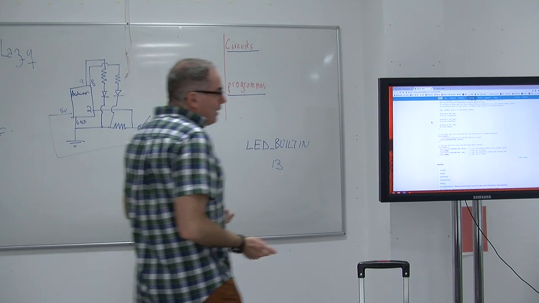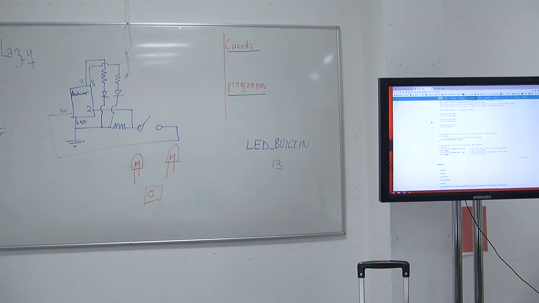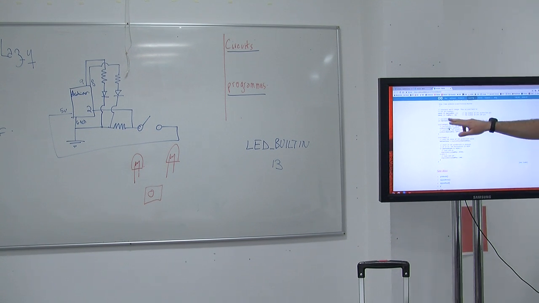Second thing, we need to have a look at the code for the button. And when we look at the code for the button, again, we have a LED in pin 13. We have a button pin, which is number 2, which is what we have there.